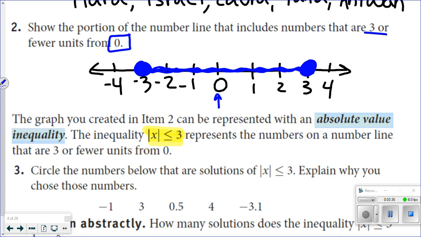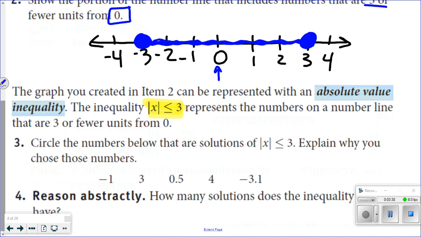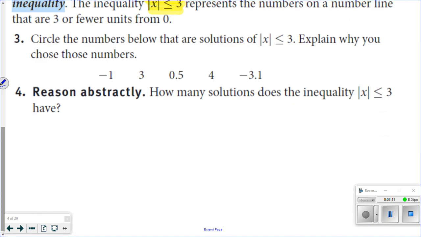So what I would like you to do is, for question 3, circle the numbers below that are solutions to that same inequality. Which numbers are 3 or fewer units away from 0? And I want you to circle them.